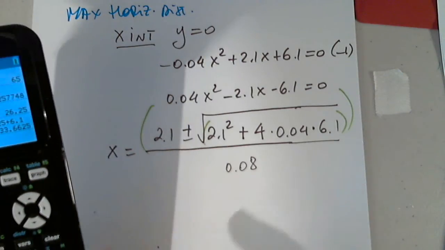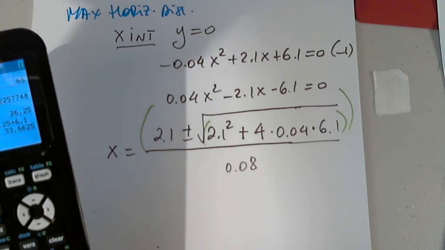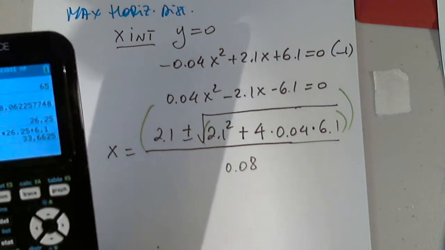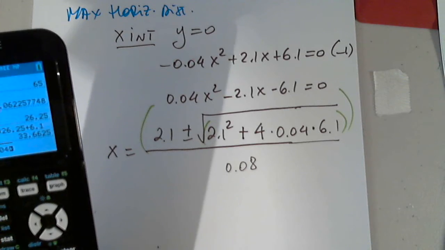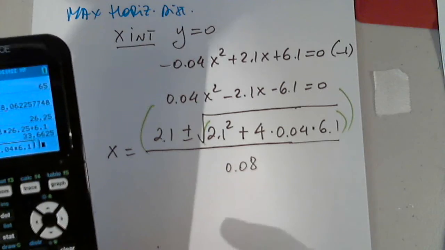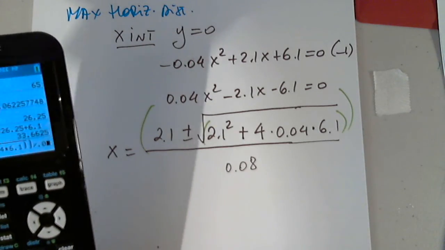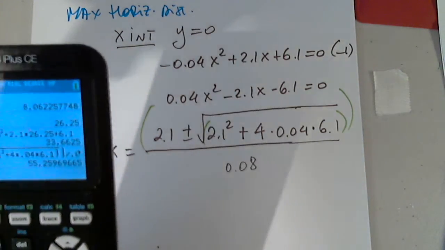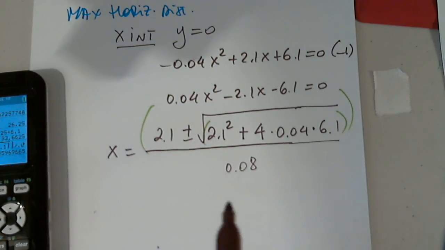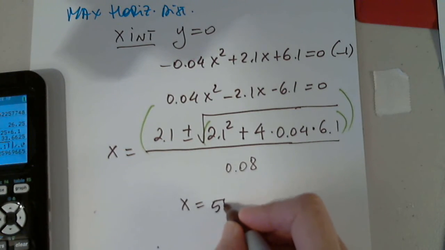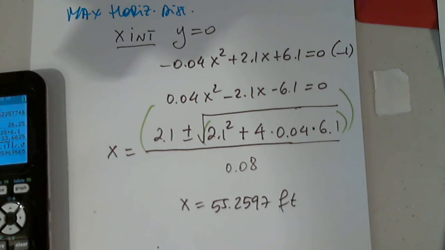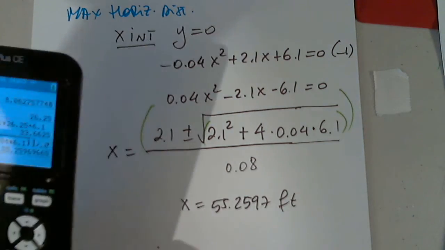I normally put parentheses inside. 2.1 squared plus 4 multiplied by 0.04 multiplied by 6.1, close the parenthesis, go outside, close the parenthesis, and divide by 0.08. I got 55.2697 feet.